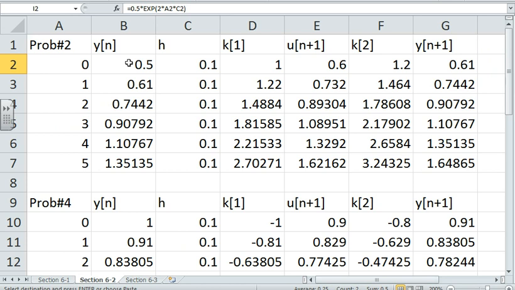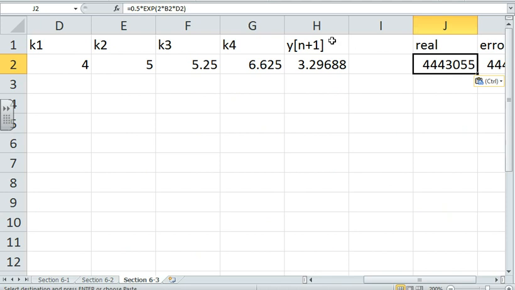Yeah. 1/2 exponential 2x. Okay, 1/2 exponential 2x. Okay, I got the 2. I got that differently yesterday.